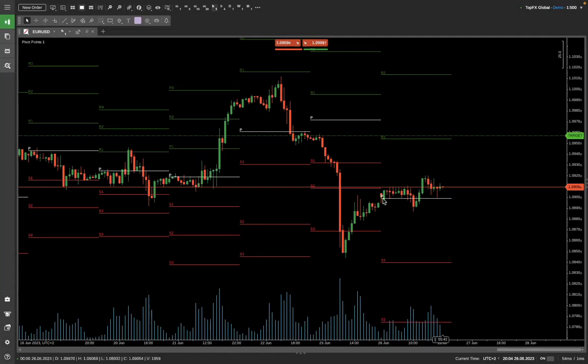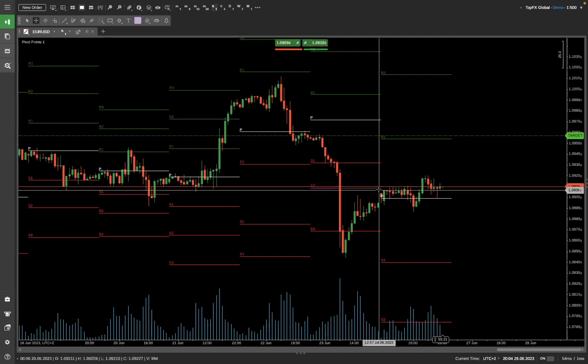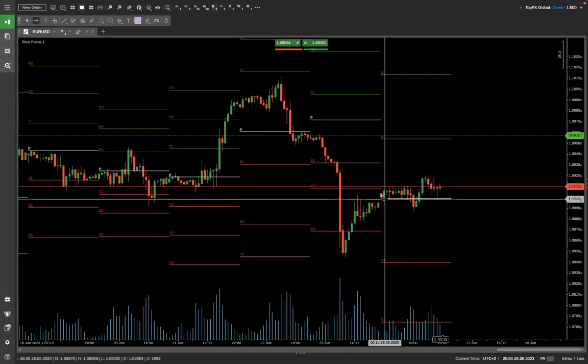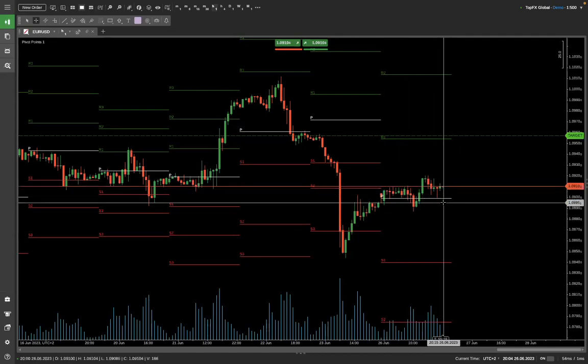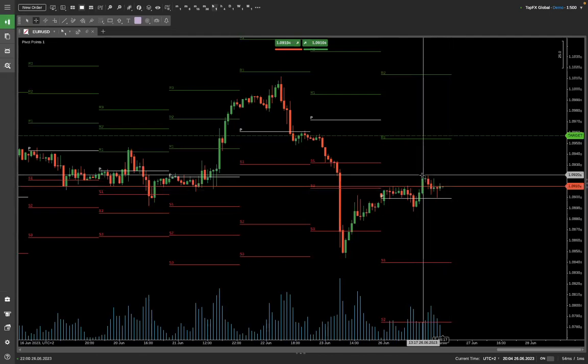As you can see, daily pivot, which is of course the pivot main level, sets the mood for the whole session. So as you can see, the level of, let's say, 1.0899 is the pivot point, and the market has been oscillating up and down from this level.